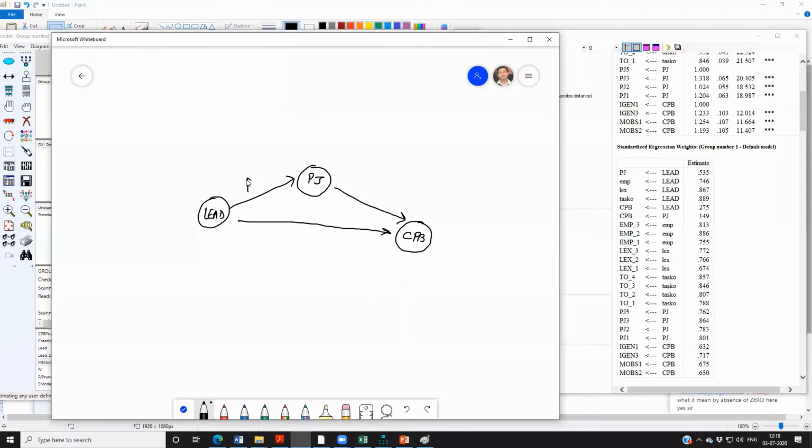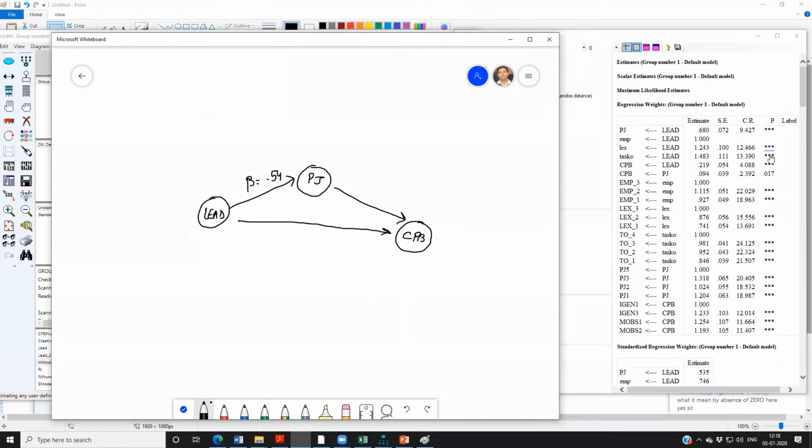Beta here, the standardized regression coefficient for leadership to PJ, is 0.54. And what is its significance? Significance is three stars. I will actually let it remain at two stars.